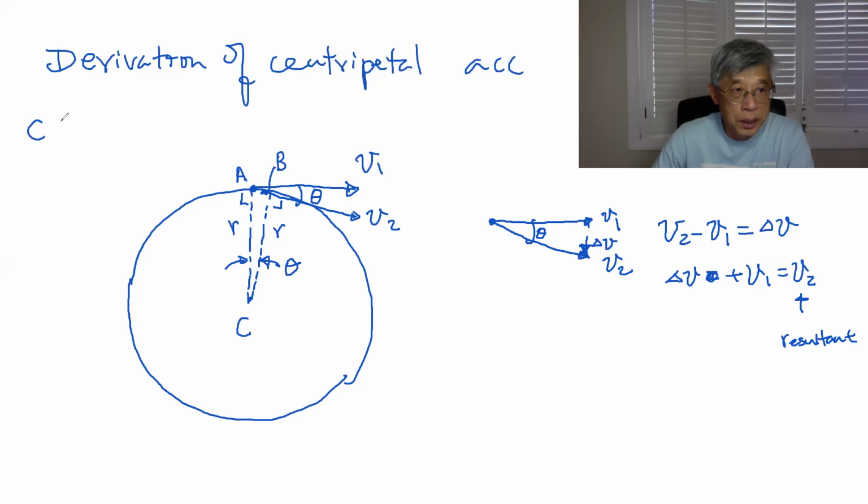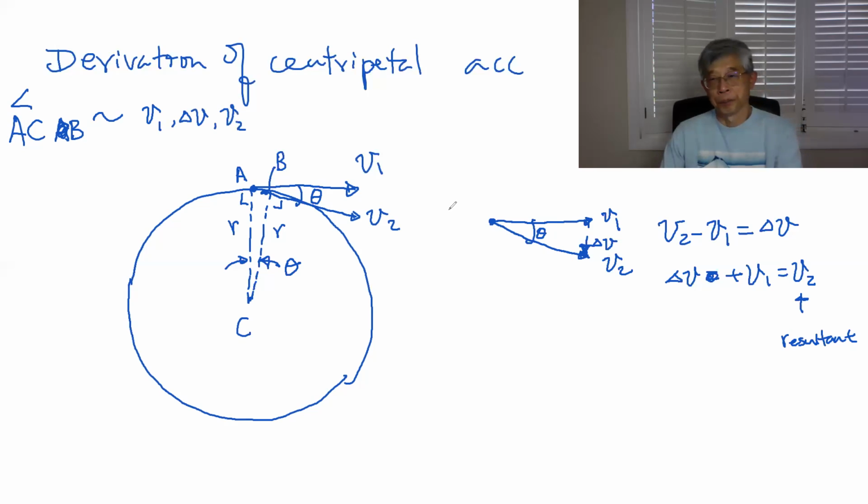Okay, so now we say these two triangles are similar. So triangle ACB is geometrically similar to the triangle formed by V1, delta V, and V2, okay?